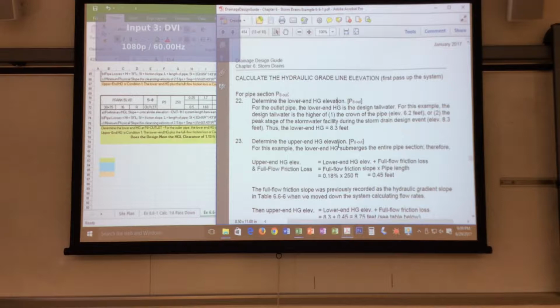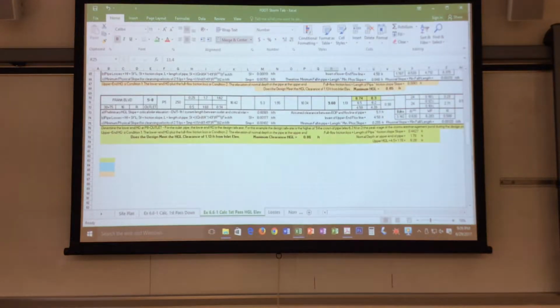All right, so the very first step is, it says determine the lower end of the hydraulic grade elevation, P8 to out. It says for the outlet pipe, the lower end is the design tailwater. For this example, the design tailwater is the higher of the two. The crown of the pipe, if we look at our spreadsheet, was 6.5, okay?